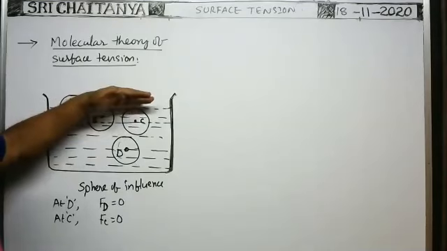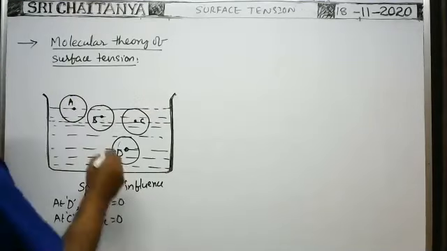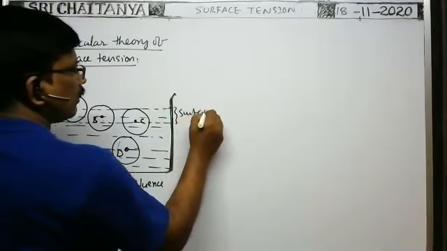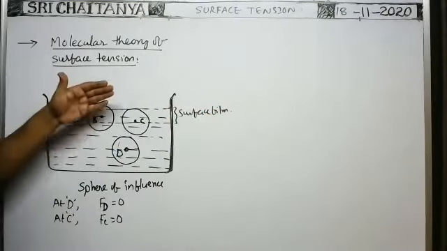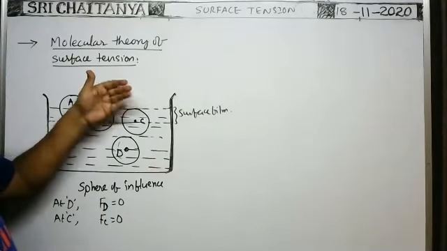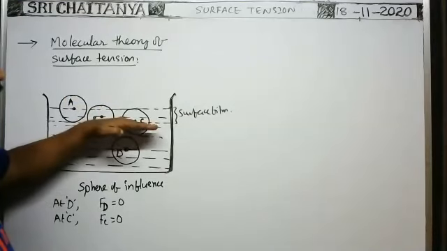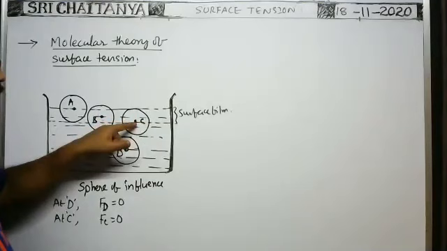So by taking the molecular range of attraction as the thickness, if you imagine a liquid layer from the surface of the liquid, then that layer is called the surface film. If any molecule lies well inside the surface film, then only it experiences a net force. This molecule lies on the lower surface of the surface film. That's why the net cohesive force that acts on this molecule is 0.